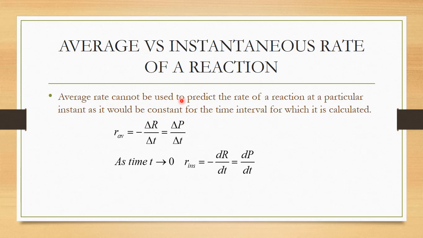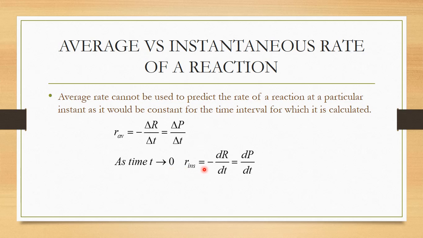Average rate cannot be used to predict the rate of a reaction at a particular instant, as it would be constant for the time interval for which it is calculated. So average rate, as you have seen in the graph, will be minus delta R upon delta T or delta P upon delta T. But as the time delta T approaches 0, the rate becomes instantaneous.